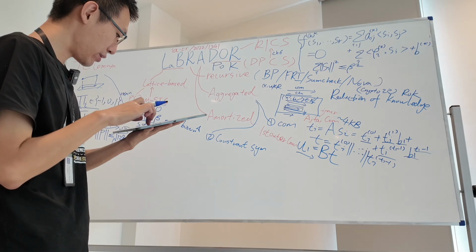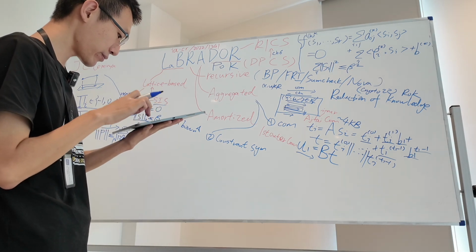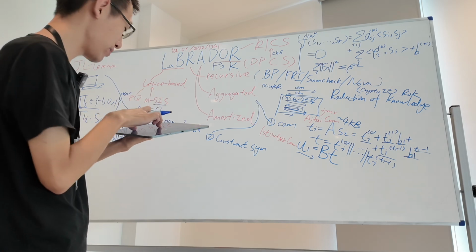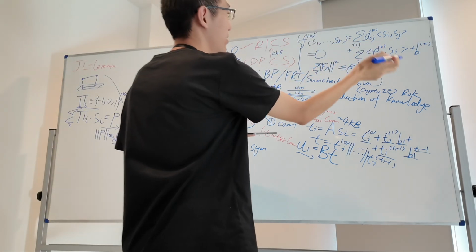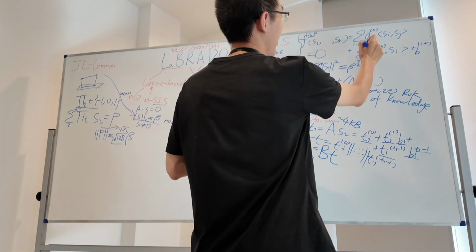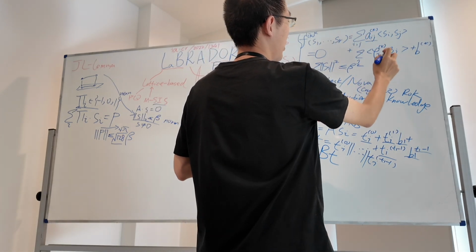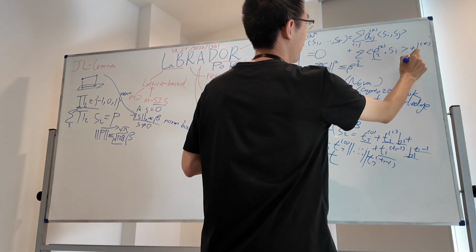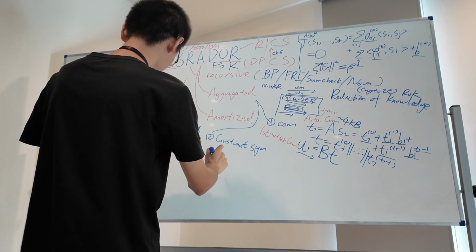It's just like you use some random linear combination over this Aij, phi i and b.